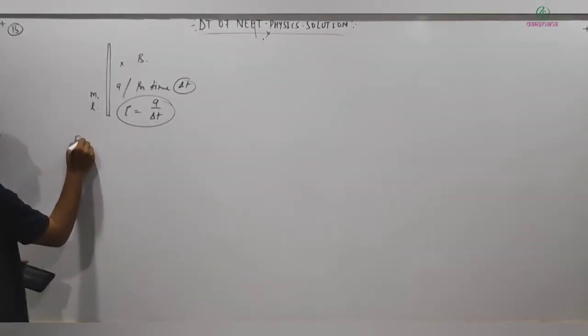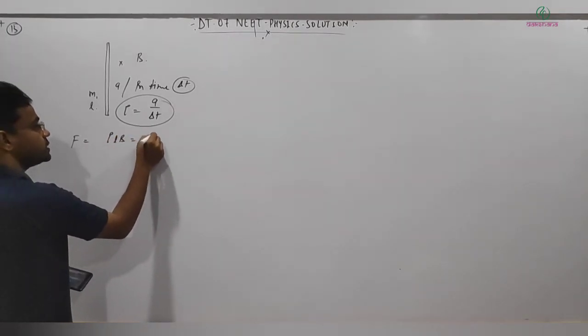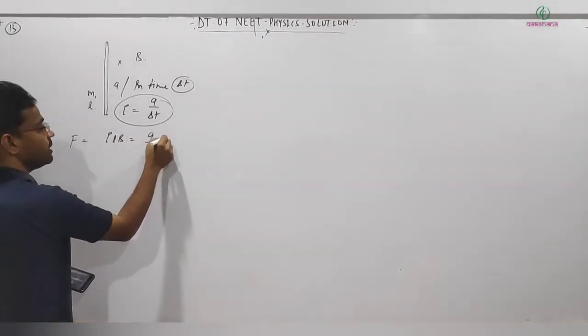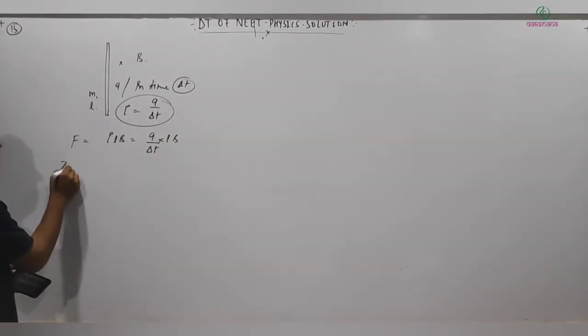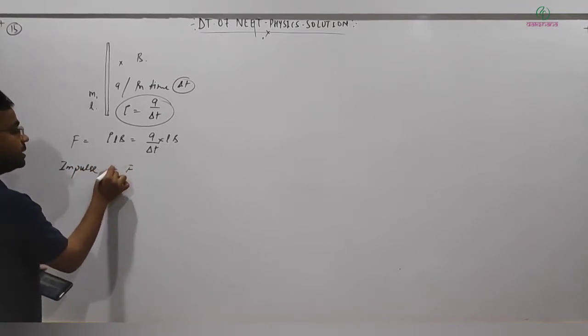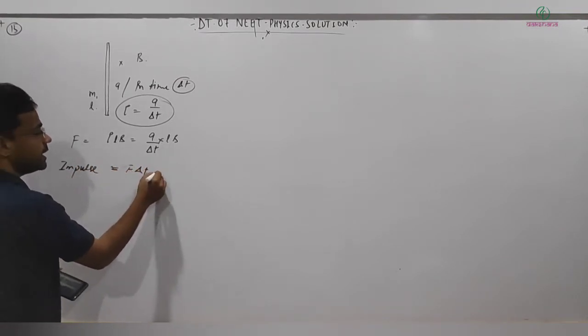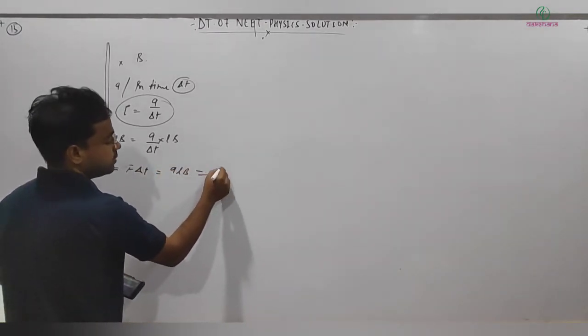Then the force acting on the rod can be written as I L B, that is equal to q divided by delta t multiplied by L into B. This is the force. Impulse is given by force multiplied by the time interval delta t, and that is equal to q L B. And this I can write as change in momentum.